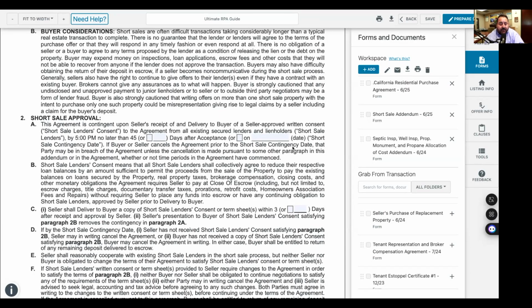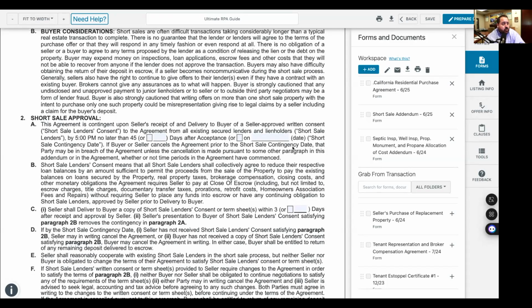So as buyer, technically you can't cancel before unless there is some other contingency in place that allows you to do it prior to day 45. Okay. So you have to be aware of that. You're in this for that period of time. So when I see sometimes where people are doing the short sale addendum and they're extending that 45 days, remember that both of your clients are locked in for that period of time.